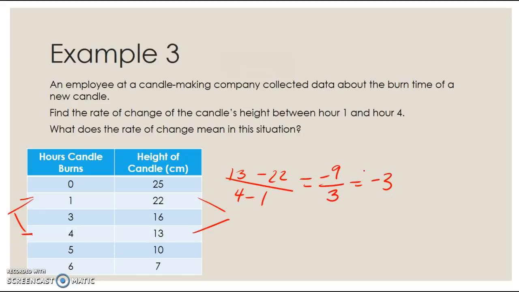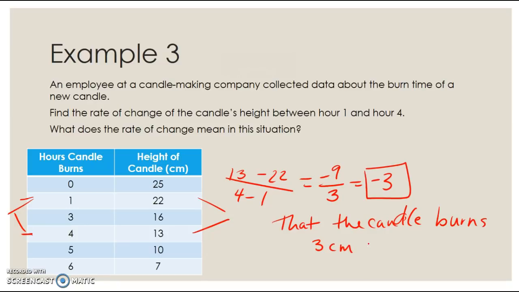And so our rate of change is -3, which means, so then what does that rate of change mean for our situation? It means that the candle burns 3 centimeters each hour.